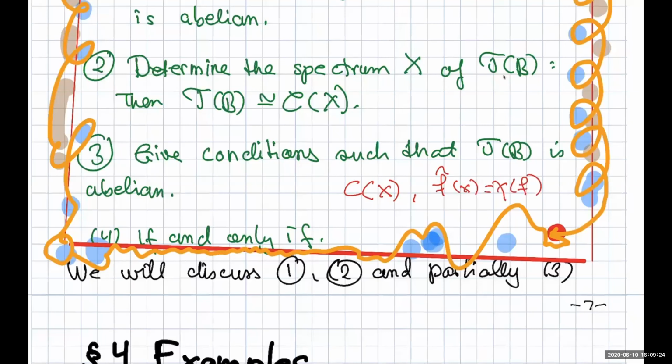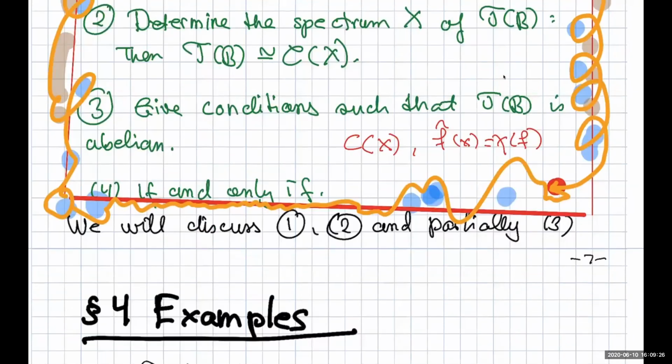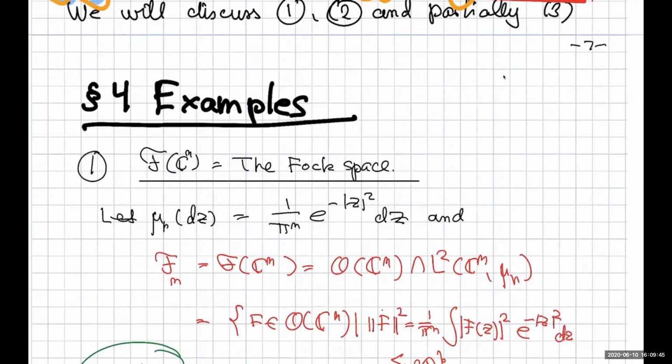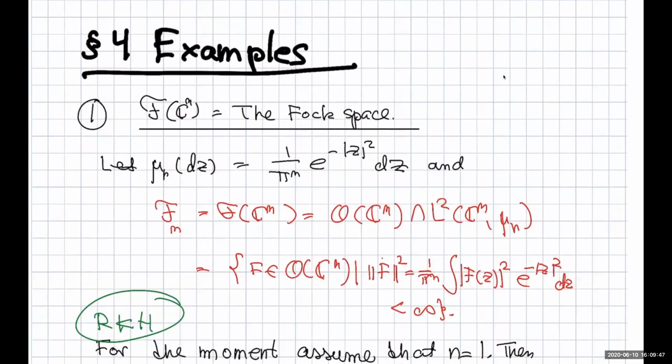Very tautological things, but it is some kind of Fourier transform. One can really think about the Fourier transform that way. So one tries to implement that if you have an abelian C-star algebra. So here come the examples.